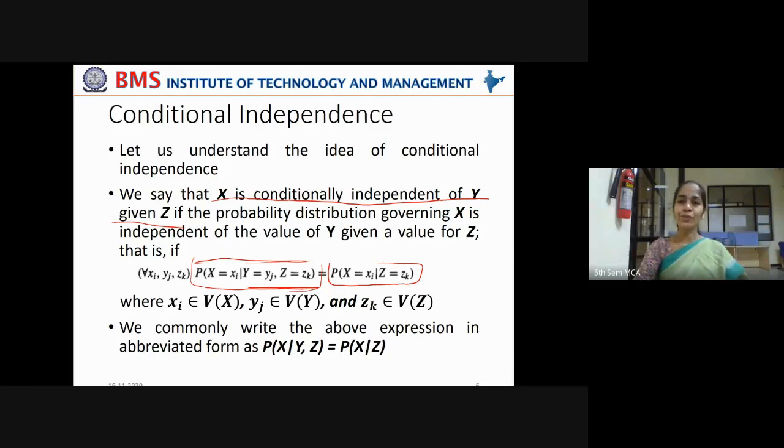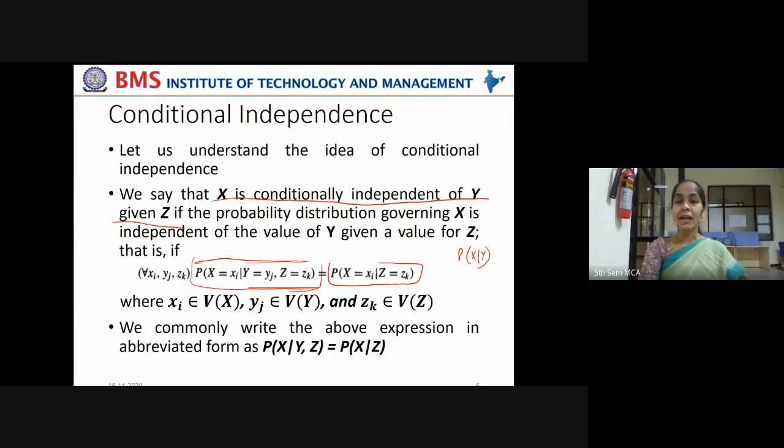So far, we have understood P of x given y. Right? But here that notation is read in a little different way. Listen carefully. We say that X is conditionally independent of Y given Z. I'm reading it again.